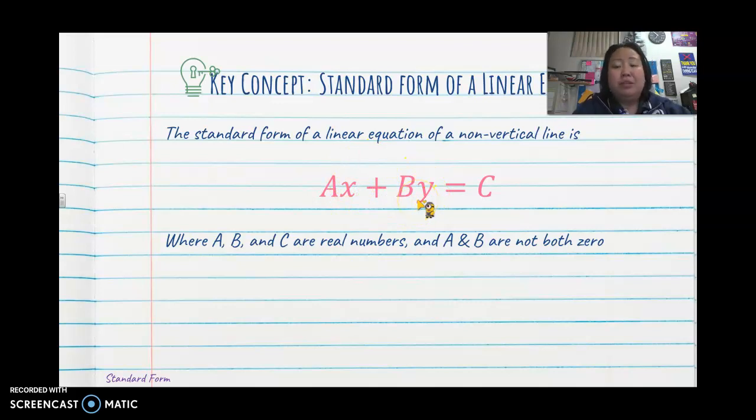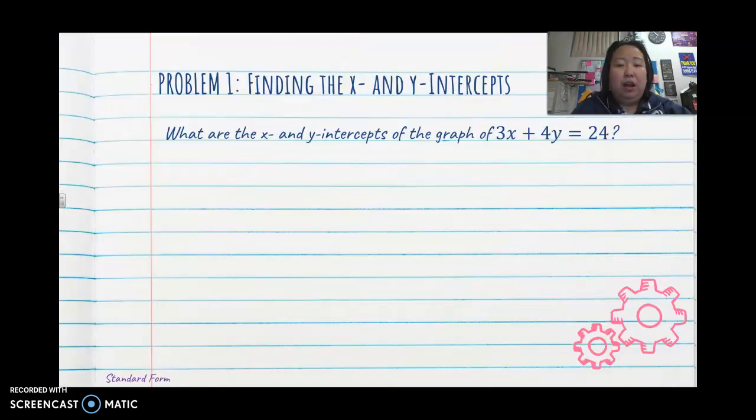All right? So let's do some computations. The question here is, what are the x and the y-intercepts of the graph of 3x plus 4y equals 24? Now, first things first, what is the x-intercept and what is the y-intercept? If you remember, when we had the slope-intercept form, we already made mention of the y-intercept.